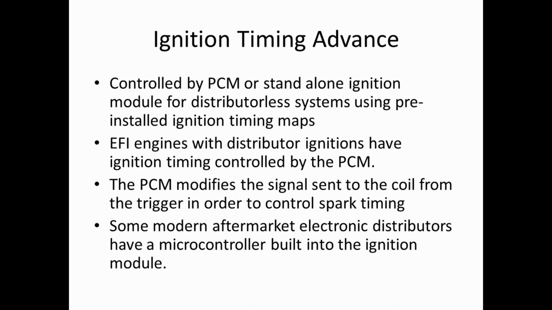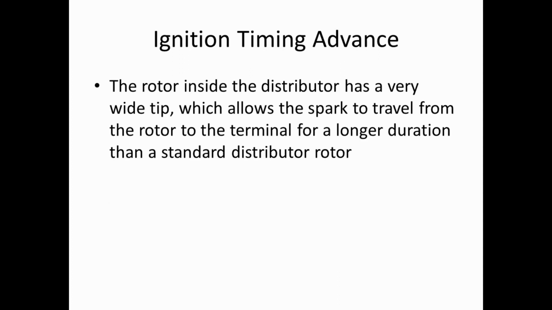A lot of electronic distributors that are aftermarket do have a microcontroller built into the ignition. So rather than using the old school advance weights, which we're going to get into, you're able to control the timing curve just by adjusting a screw. Basically the way this works is the distributor rotor has a very wide tip, which allows the spark to travel from the rotor to the terminal for a longer duration.